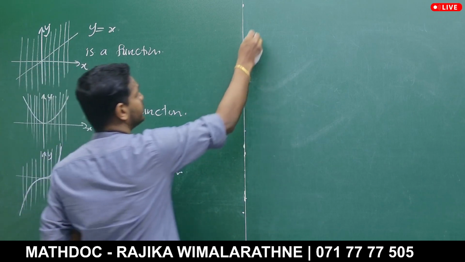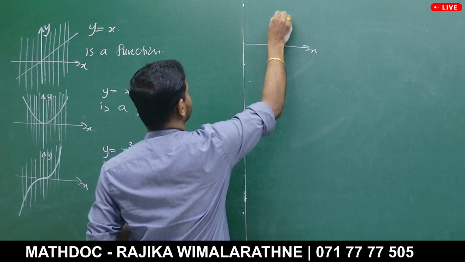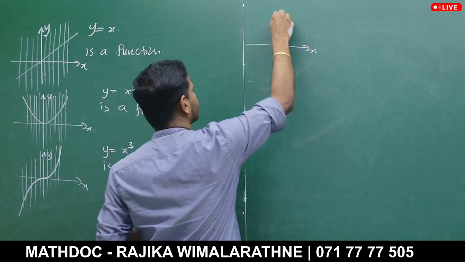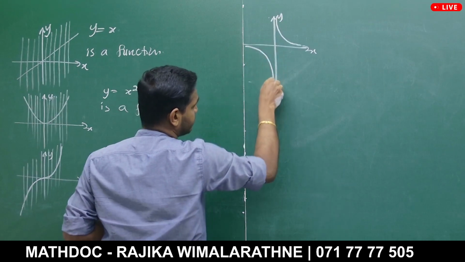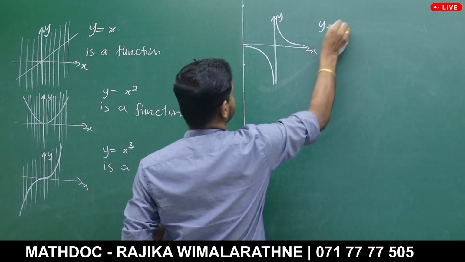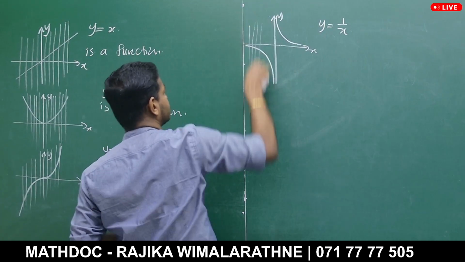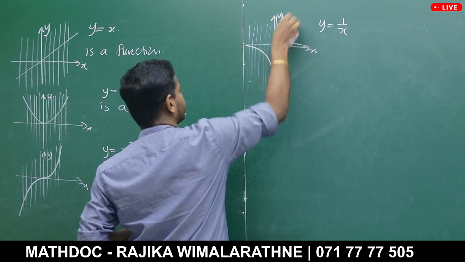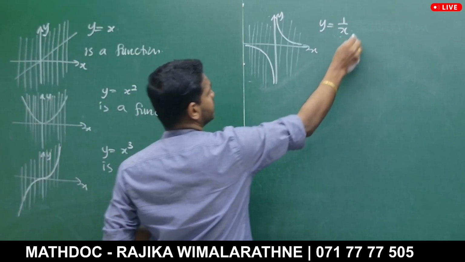Further you go. Here this is y equals 1 over x. You sketch many vertical lines. Then we have only one intercept.